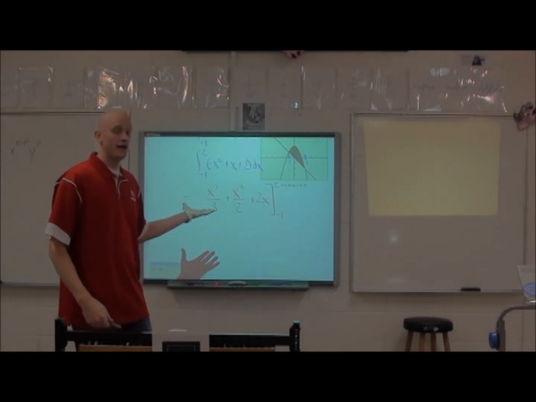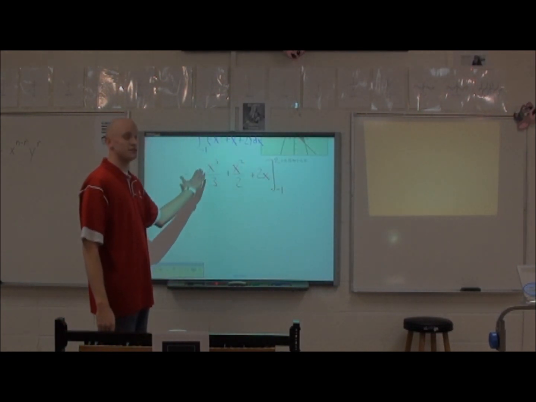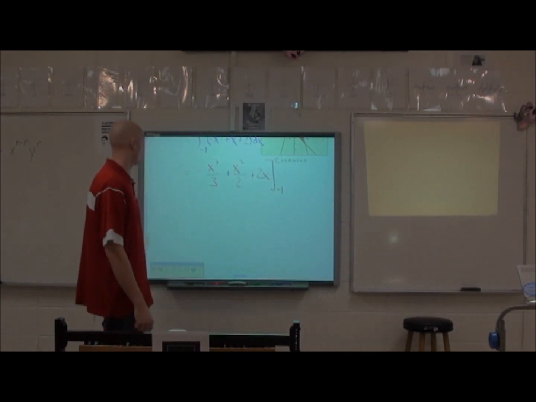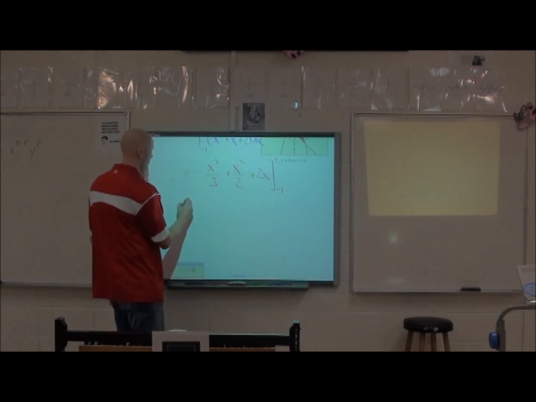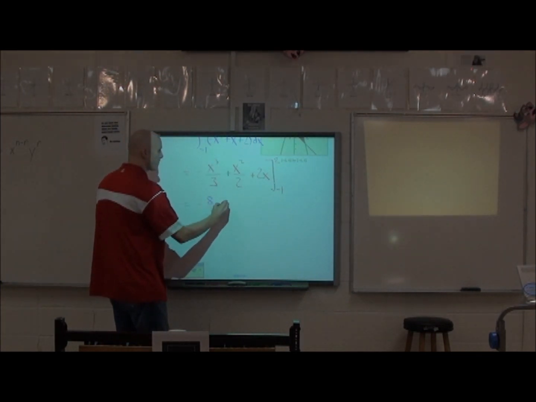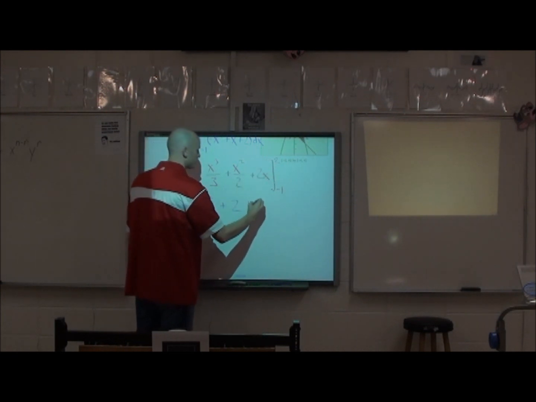And from there, like I said, we're applying the fundamental theorem of calculus and simplifying. So substituting in a 2 and then subtracting, substituting in a -1. So we have 2 cubed, which is 8, so it's -8 over 3 plus 2 squared, 4 over 2 is 2, and plus 4.